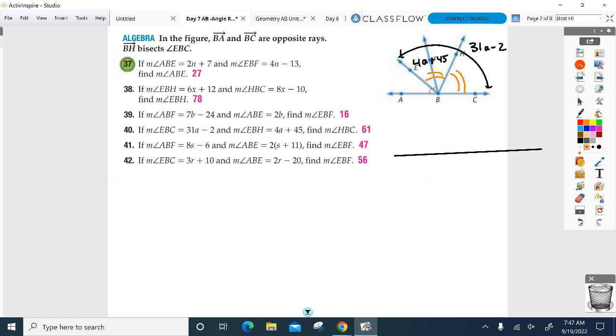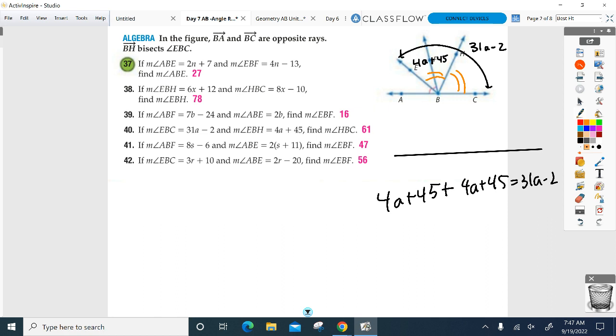Because BH bisects EBC. So if I just label this as 4A plus 45, this angle here, what's the congruent angle then? 4A plus 45, and when I put those two together, I get this whole angle right here, EBC. So I can say 4A plus 45 plus 45 equals the whole angle, 31A minus 2.